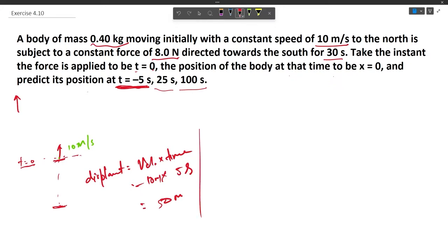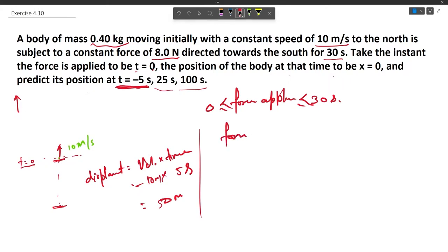Now for t equals 25 seconds, we know that the force is applied after t equals 0, and it is applied till 30 seconds. So at 25 seconds the force would be applied on this body. So let us find out what the acceleration is.